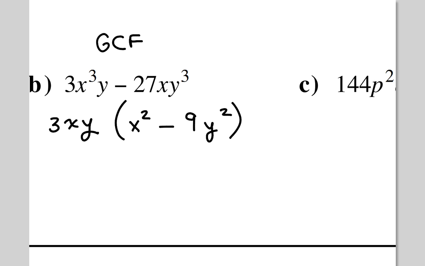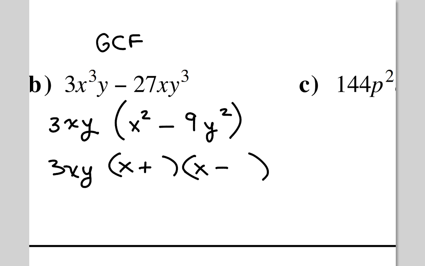Do you agree? Bring the GCF with you. This is another difference of squares. Break it down. X and x. Do you agree? Okay, plus, minus. Now think about the root of 9. 3y and 3y. Can we keep going on that? We're done, right?